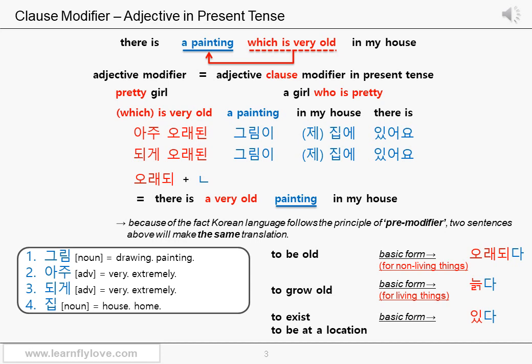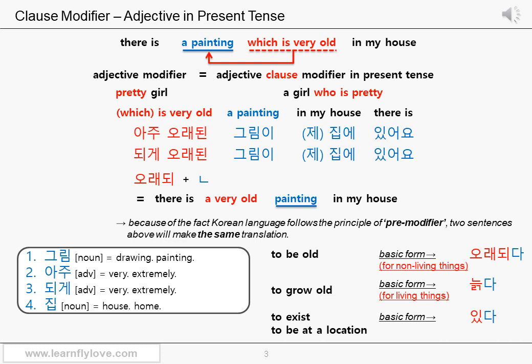In other words, when the listener knows that you are talking about your house, you can omit the possessive my. My is 제 though. House is 집. In my house part has a preposition in, and it's used to say something is in, at, or on somewhere.